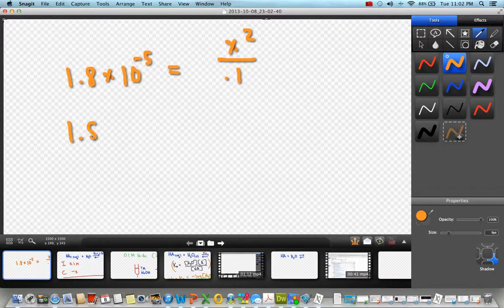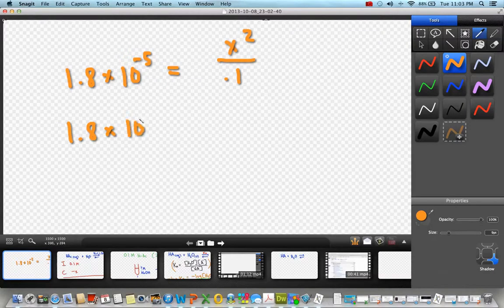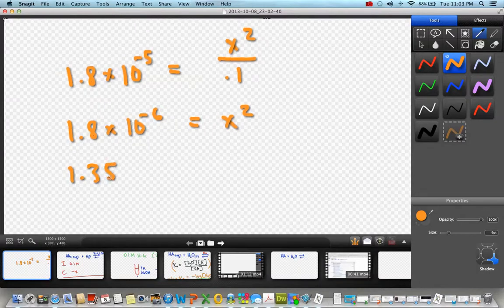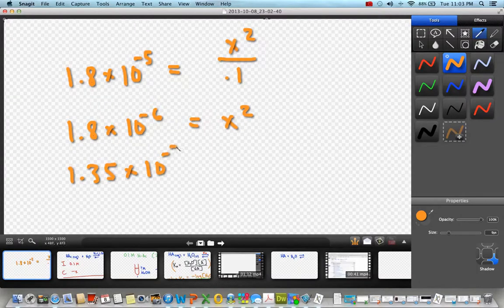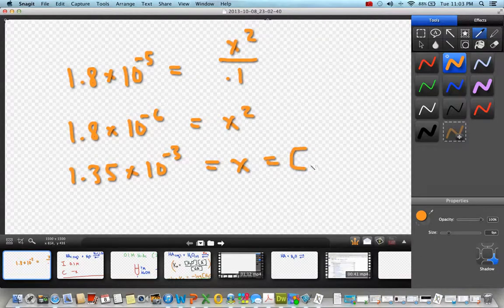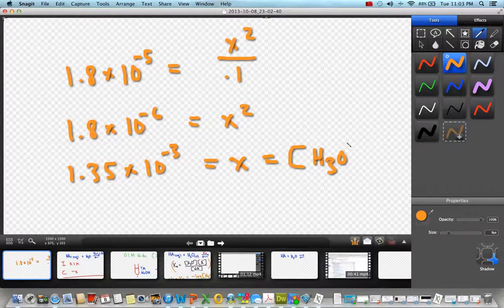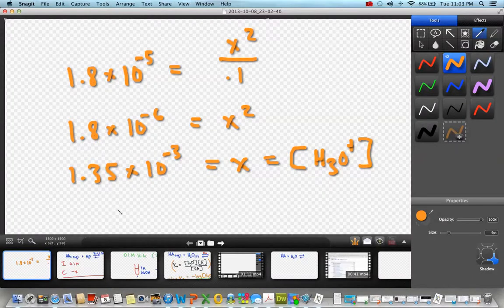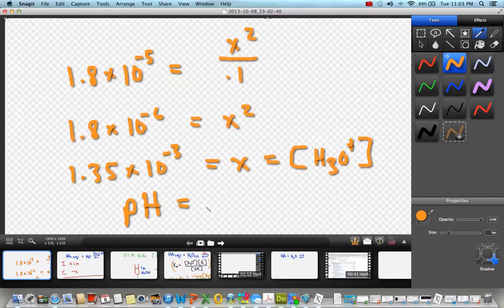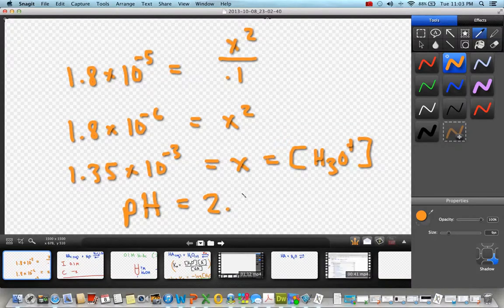That's 1.8 times 10 to the minus 6 equals X squared. 1.35 times 10 to the minus third equals X, which equals hydronium. Take the negative log of hydronium, and I find my pH is 2.87.